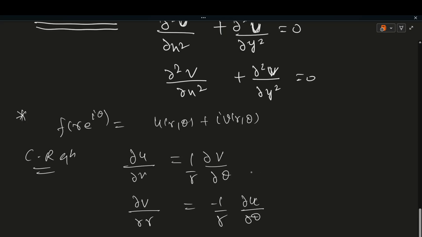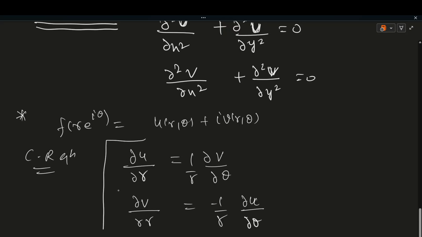We will prove all these expressions. I am just giving you: this is r, this is u, this is v, this is minus 1 by r, this is del theta. We are taking the partial derivative of this CR equation.